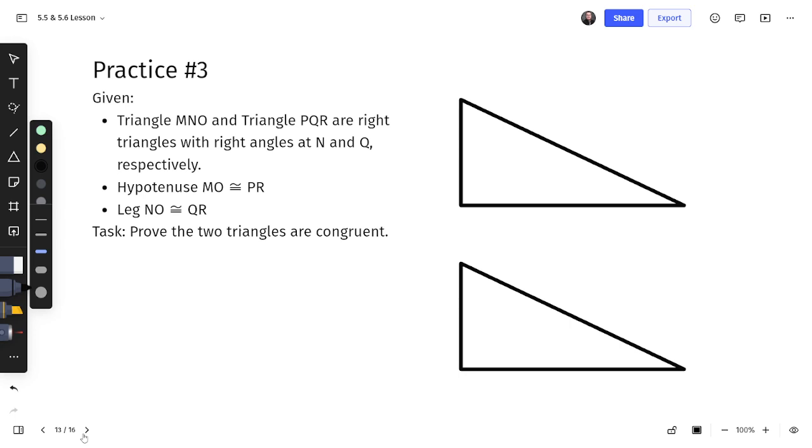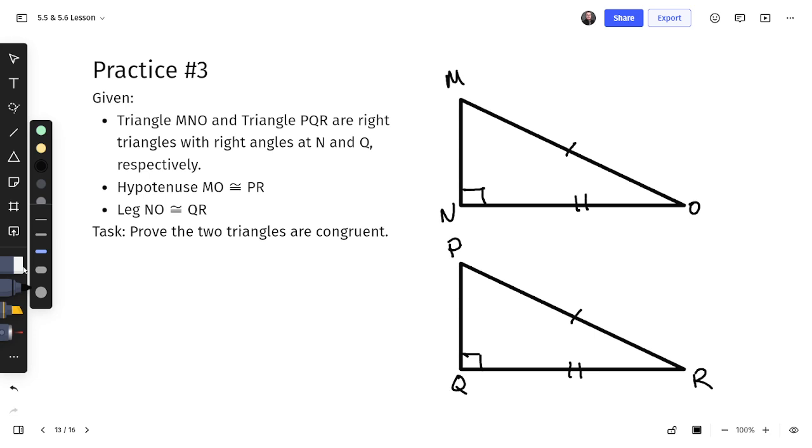Ready? Okay. We have triangle MNO, and triangle PQR. We have right angles at angle N and angle Q. It tells us that the hypotenuse MO is congruent to the hypotenuse PR, and that leg NO is congruent to leg QR.